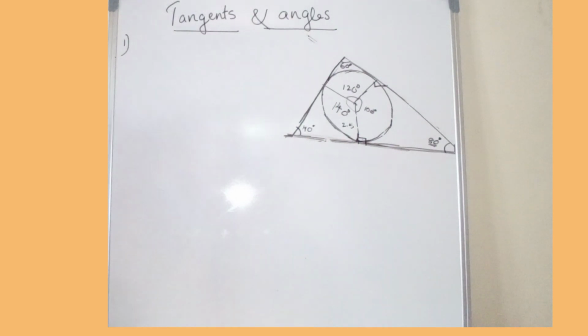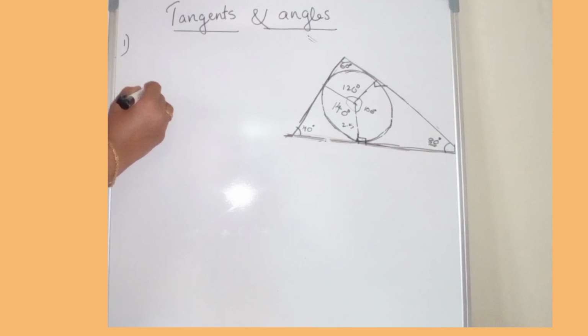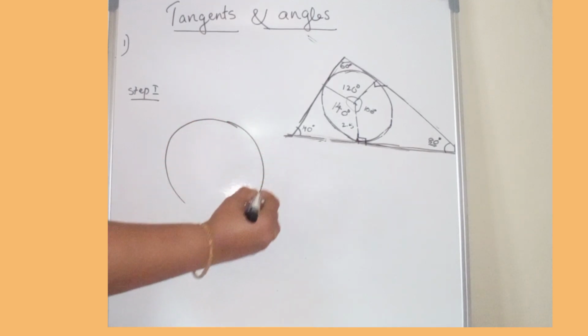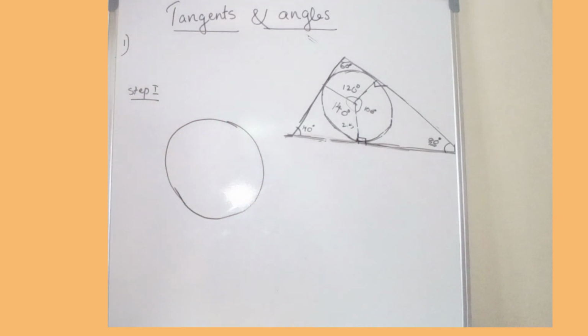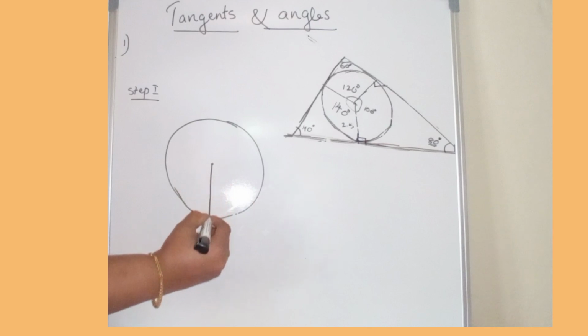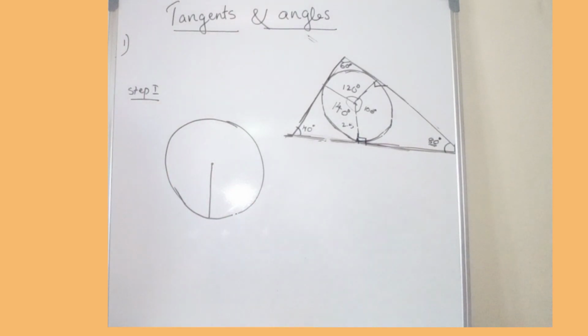So how to construct this? First, draw a circle of radius 2.5 centimeters. That is our step 1. Then draw one of its radii, like this.